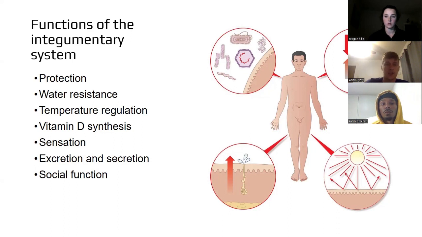You also have sensation, because you have nerve endings that can detect pressure, temperature, and pain. Then you have the glands that do excretion and secretion, like sweat, sebum, and your earwax. And then social functions, like revealing your emotions by blushing if you have pale skin, wrinkles, or any other social aspects.